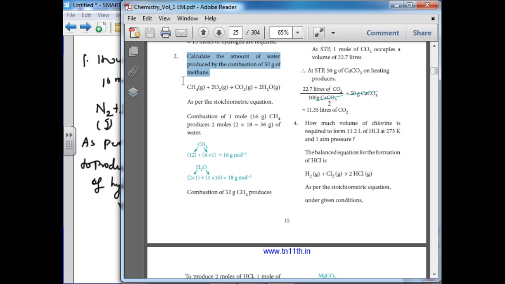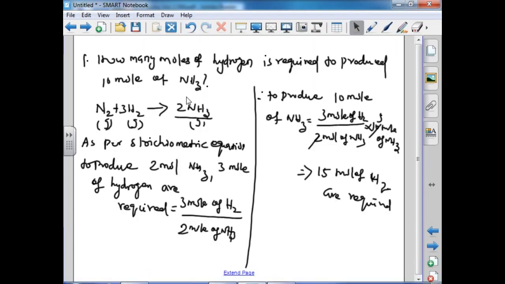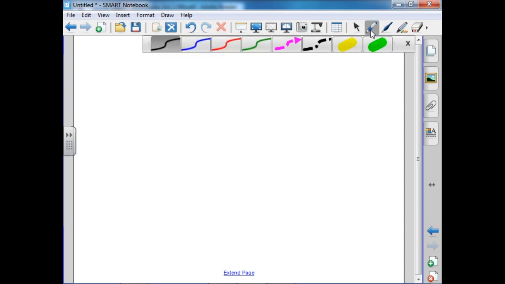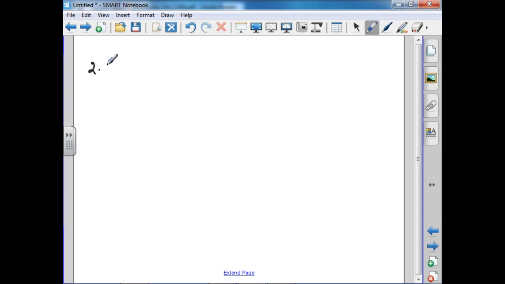So we are going to calculate the amount of water. As per stoichiometric equation, CH4 reacts with 2O2, it gives CO2 plus 2H2O is the reaction.